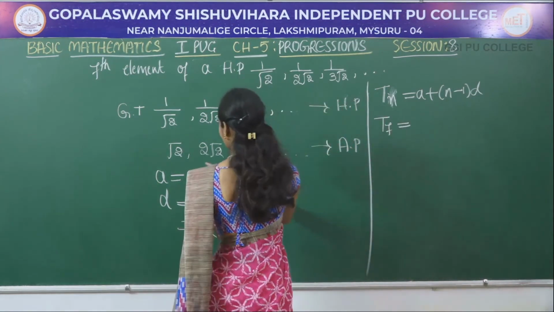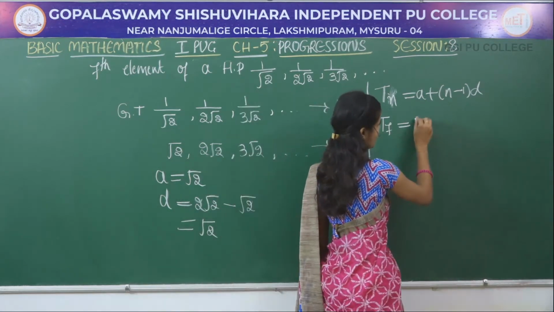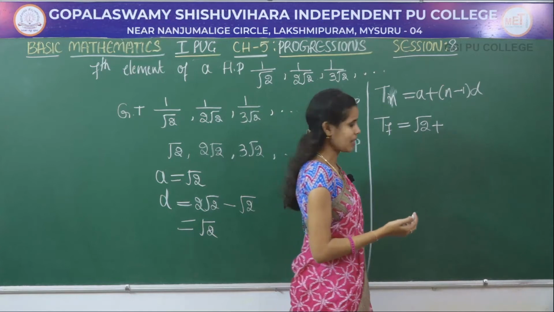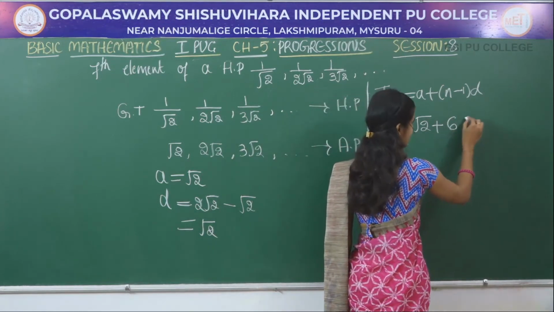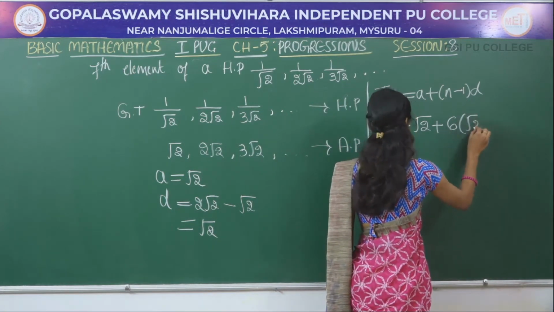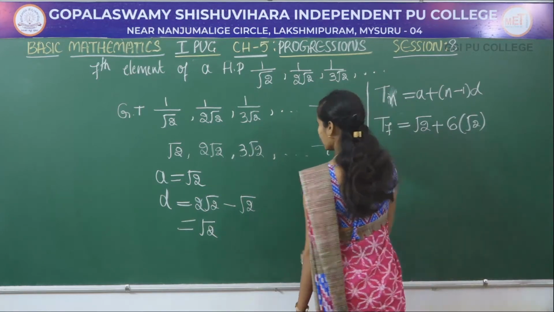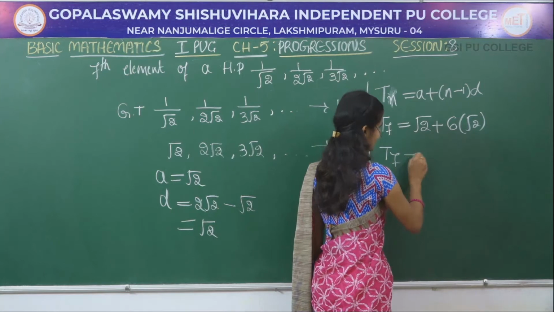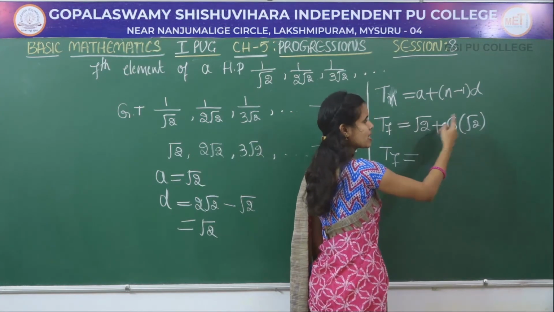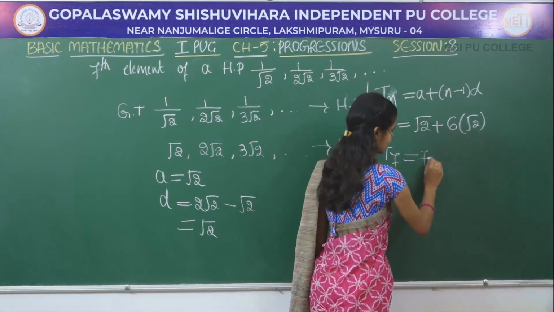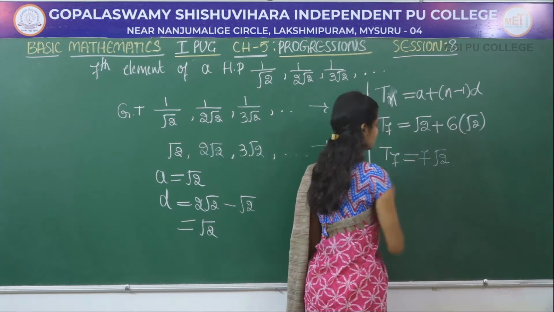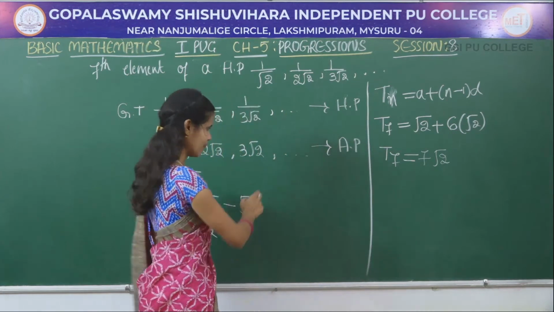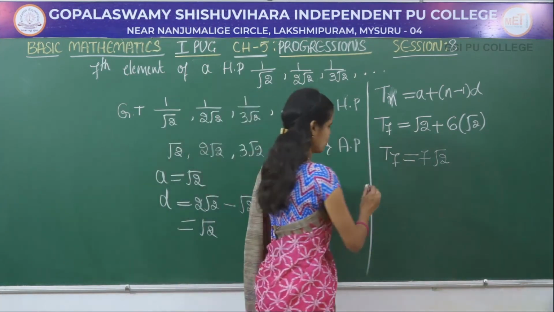So A is root 2 plus n minus 1, so 7 minus 1 is 6, into D, and D is root 2. Therefore T7, the 7th element, is 1 root 2 plus 6 root 2, so that is 7 root 2. Therefore the 7th term in AP is 7 root 2.